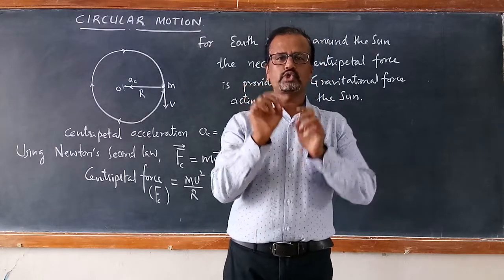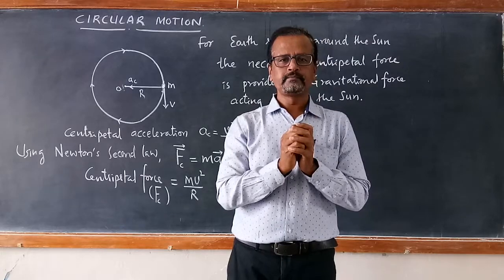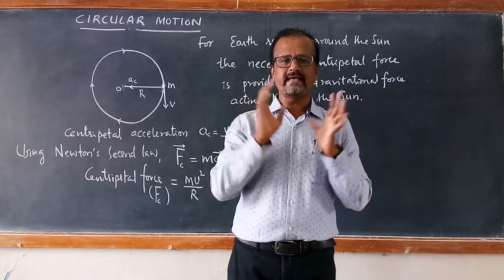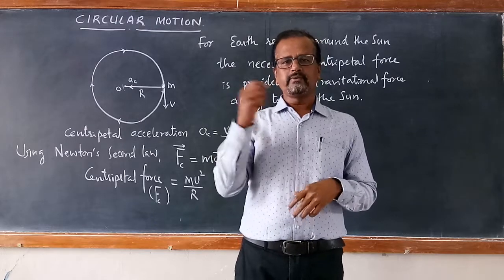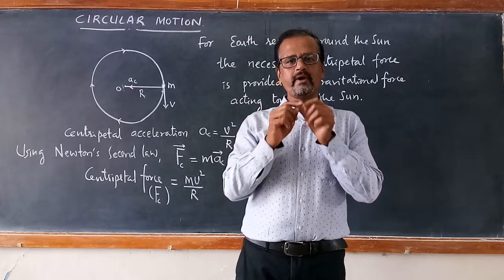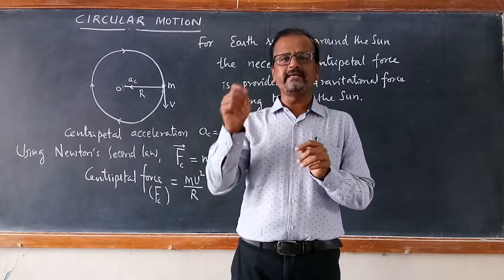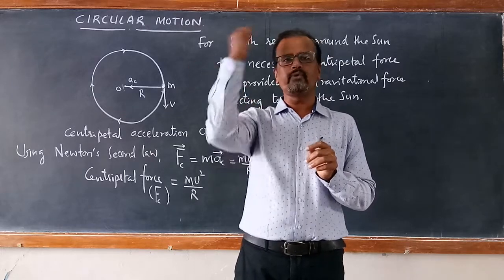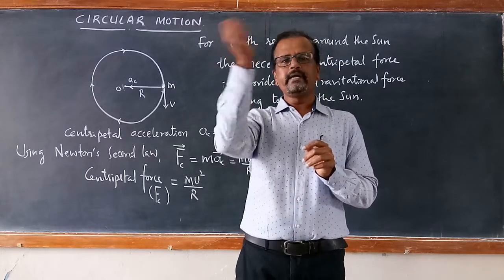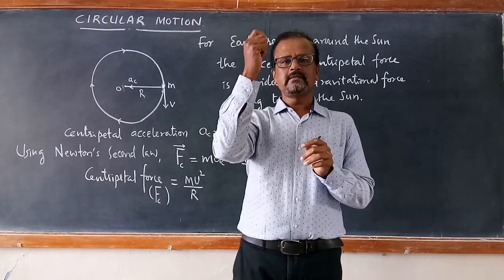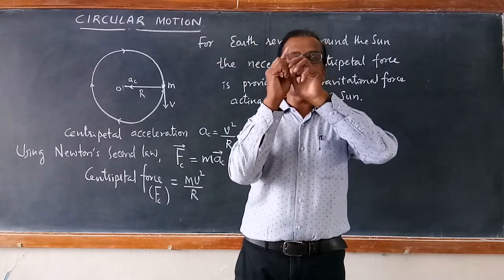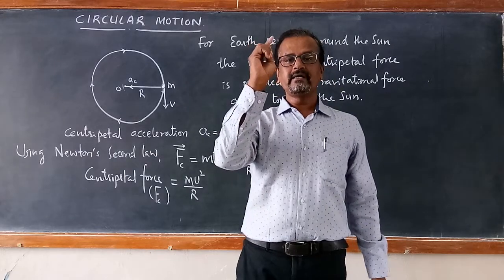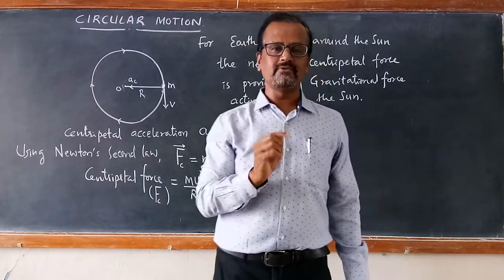Think that a stone is tied with a thread and this stone is of mass m. If it is revolved in a circular path with the help of a thread, one end connected to the stone, another end held in your hand, and you are revolving the stone with constant speed in a circular path, then the tension acting along the thread towards your hand, towards your finger, gives the centripetal force.